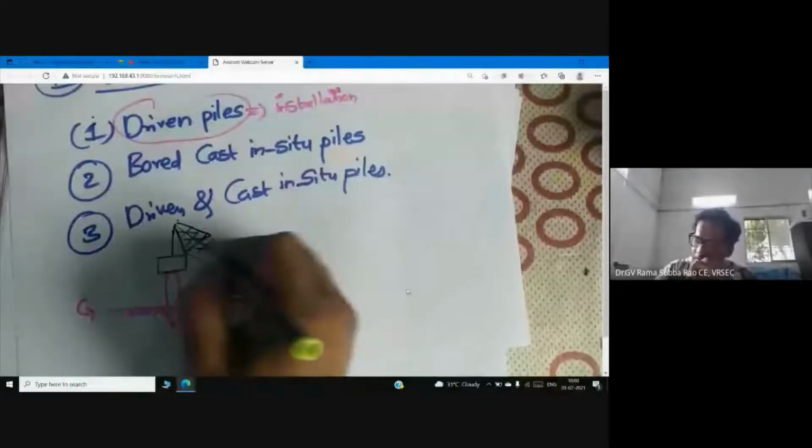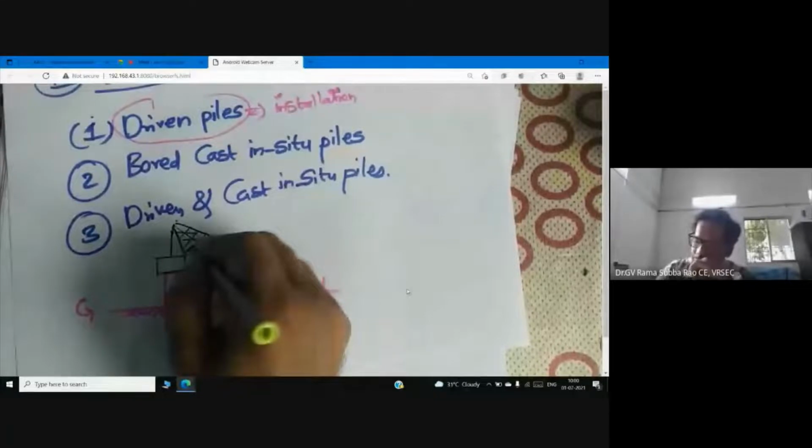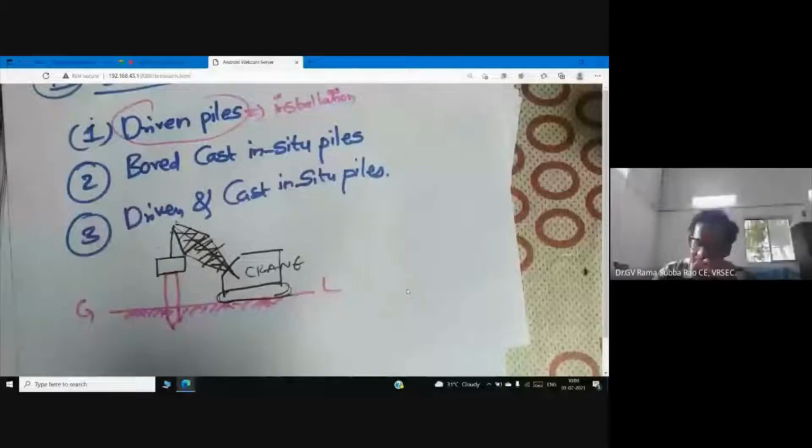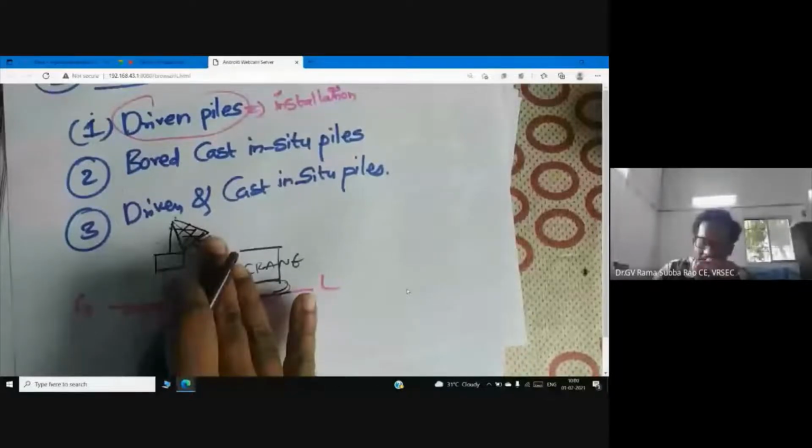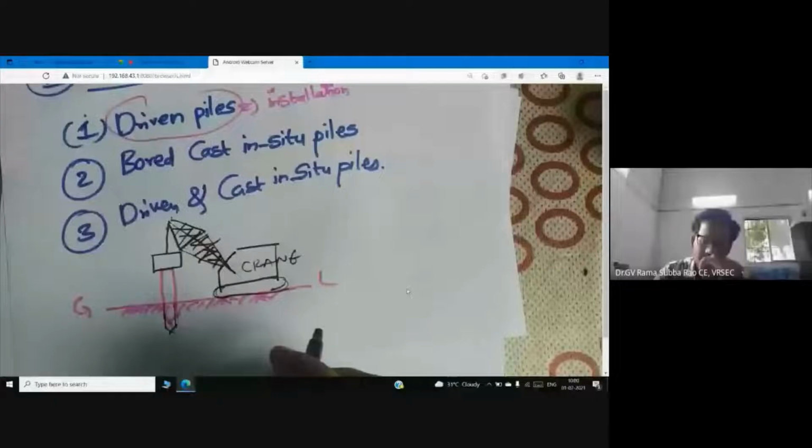You okay now? So now you see, we are hitting the pile. We are applying dynamic energy so that the pile is driven into the ground. This concept is used many times in offshore structures. This is the way the pile is installed.